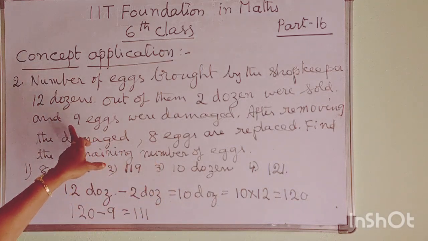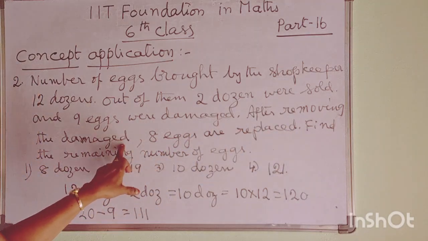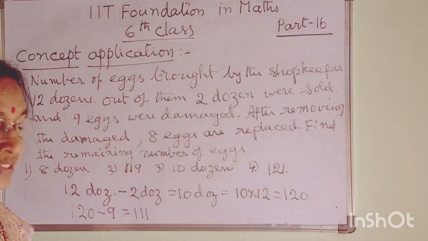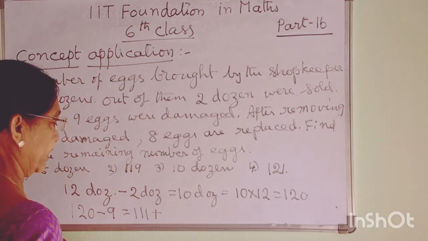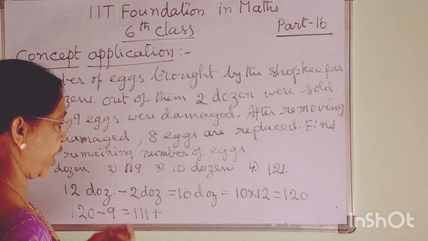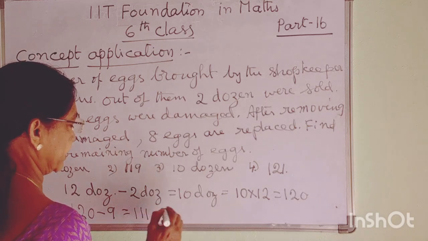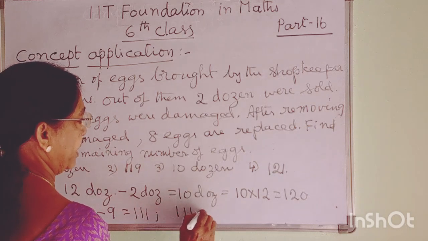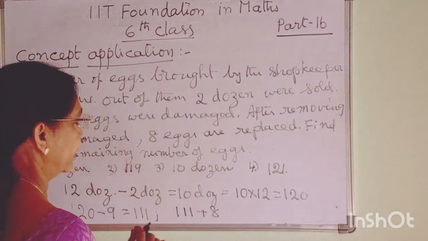After the 9 eggs were damaged and removed, 8 eggs are replaced, that is, 8 eggs are added. Therefore, the number of eggs with the shopkeeper is equal to 111 plus 8.